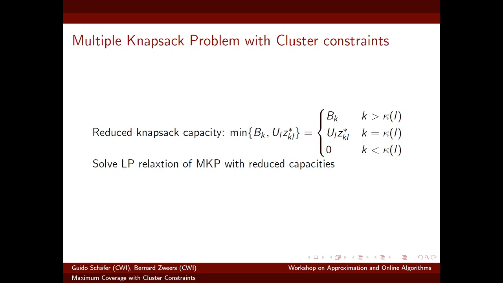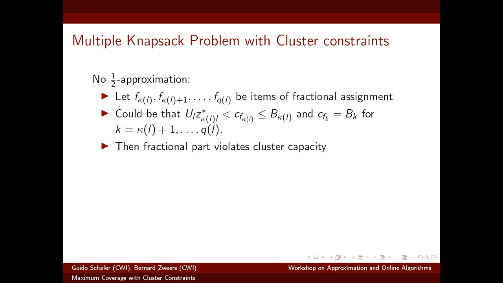So it's really natural now to think, well, we have a half approximation. But unfortunately, that's not the case. To see that, we use F to denote the fractional assigned item to a knapsack.